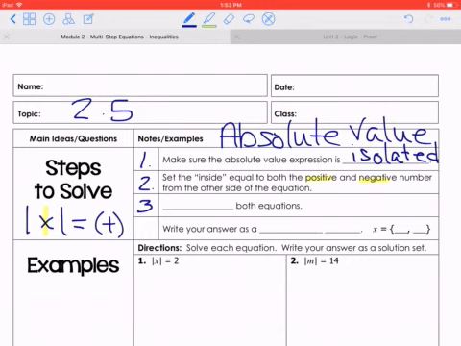Step 3 will then be to solve. But you're going to solve two equations this time. You're going to solve one that's set equal to the positive number, and one that's set equal to the negative number, okay? Now, this is a little different. You're going to write your answer as a solution set.